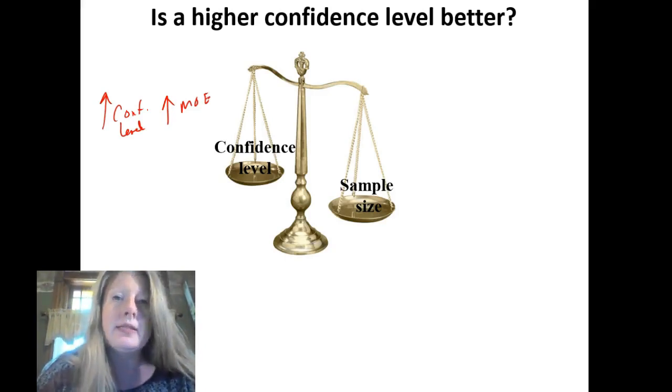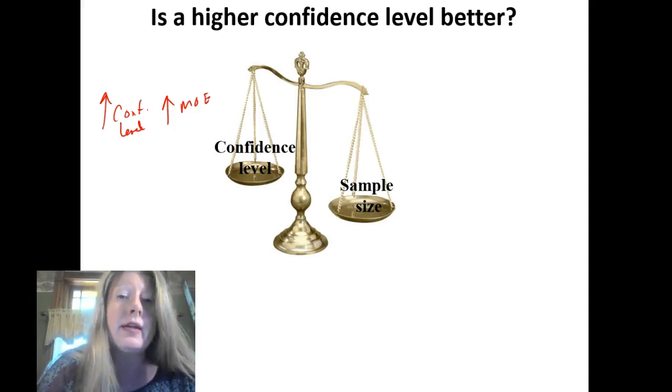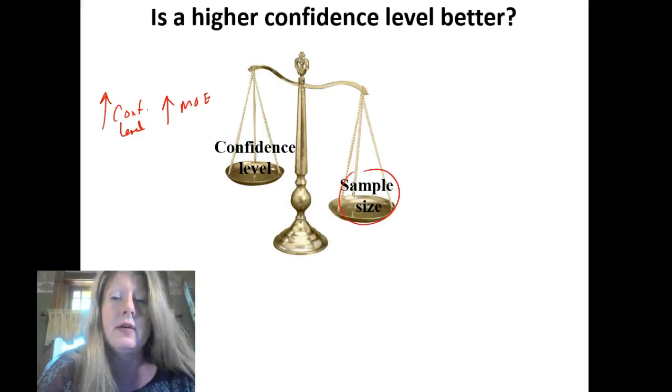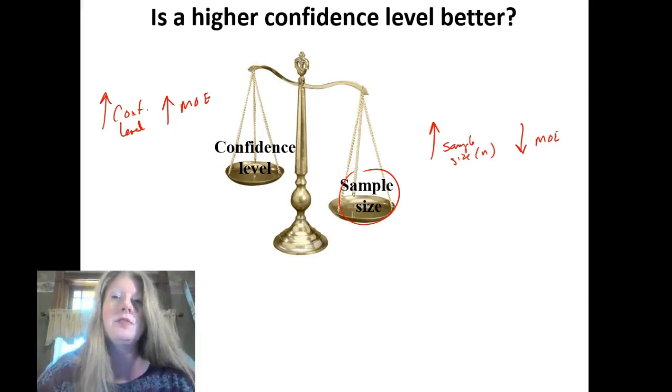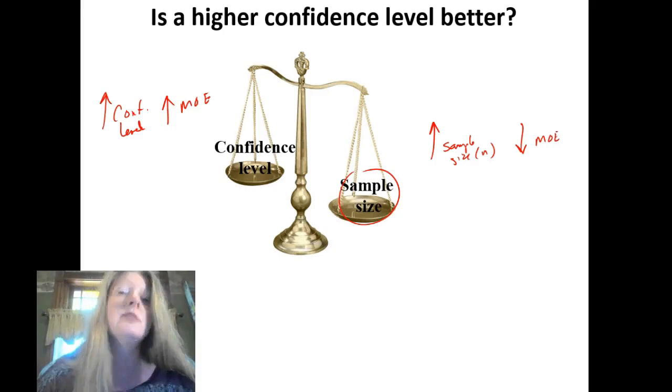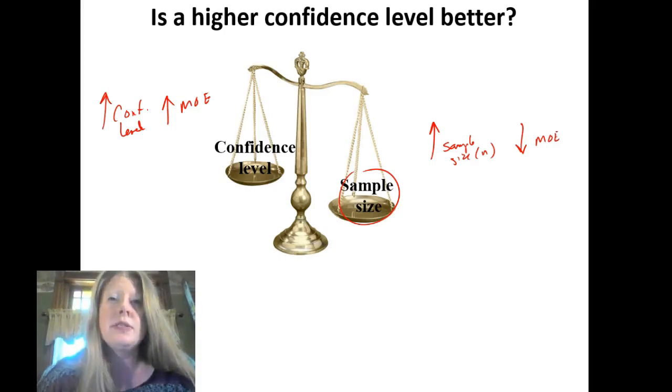What could you do to balance that out? Well, you could have a lot of confidence, but you could also try to get a large sample size. So as we increase sample size, or n, we decrease the margin of error. So if you want a small margin of error and you still want to have a lot of confidence, try to increase your sample size to balance those things out.